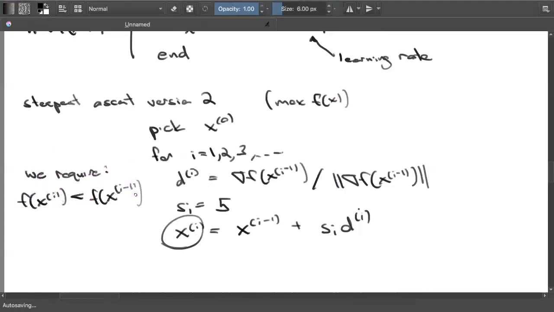Surely if you're going to do all these computations, and I'm at a certain point xi minus 1, and then you give me a new point xi, and it's worse, it has a lower f value, and I wanted you to maximize f of x, you've just wasted my time. You've taken me downhill, and I want to go uphill.